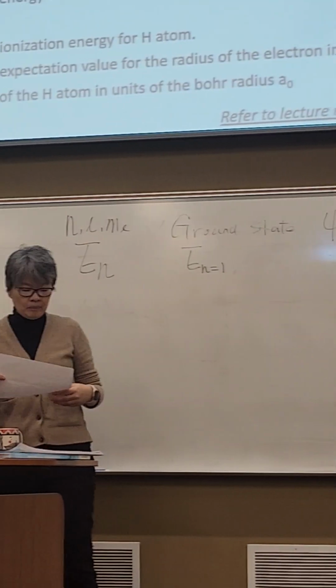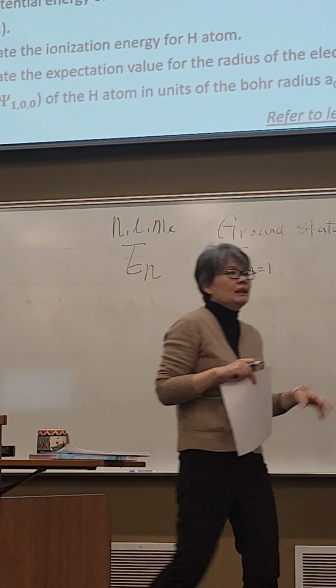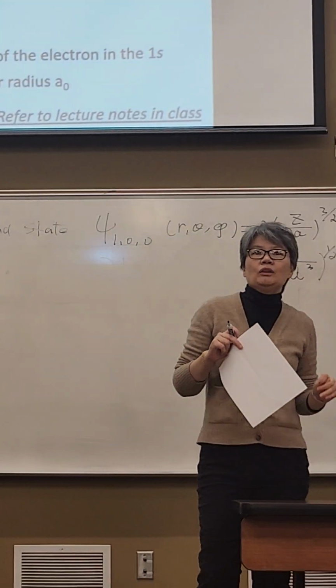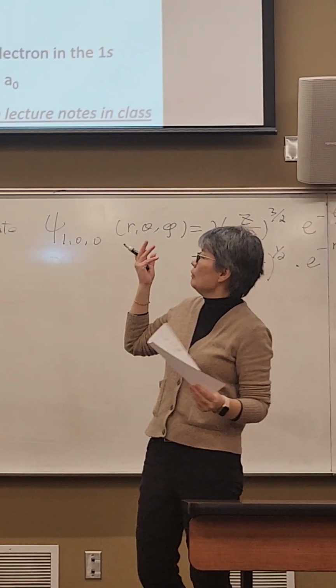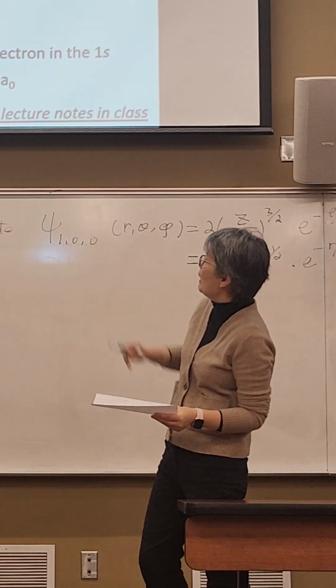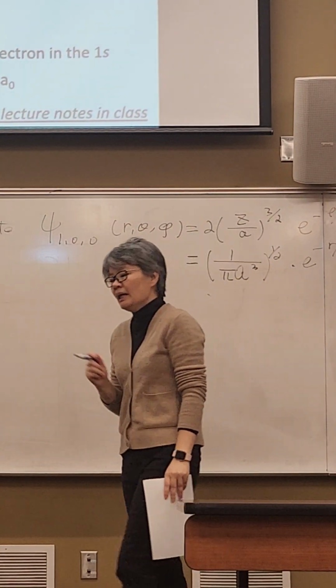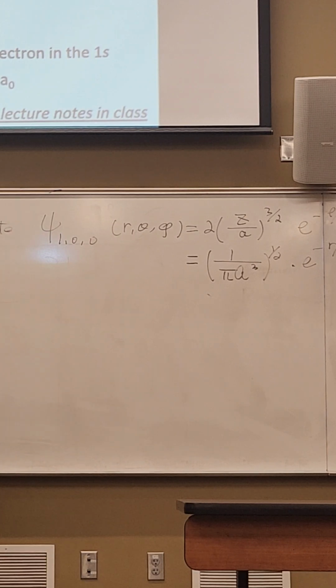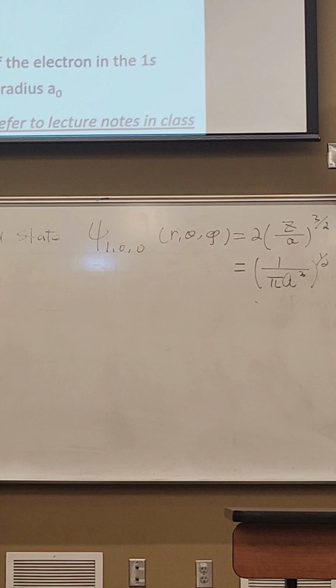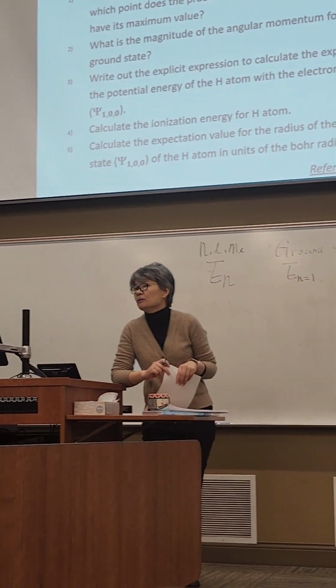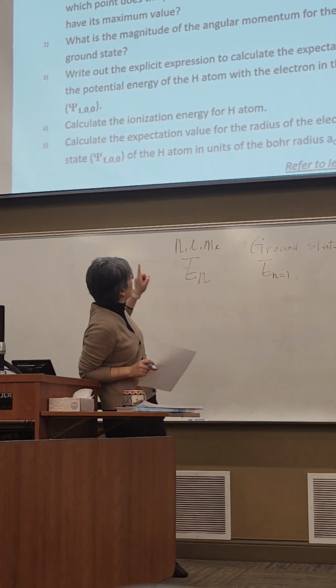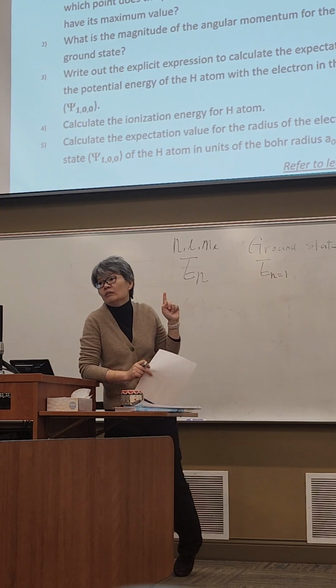Now, how do we find the average or expectation value for the radius, the number 5, which is what we're working on? Immediately you should think, this is a quantum mechanics class, so what principle or postulate, what theory should I use? The key word is expectation value.